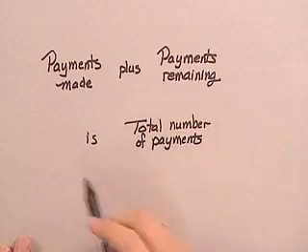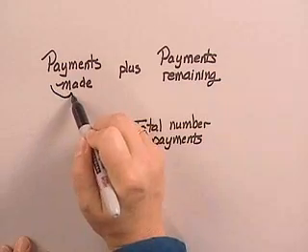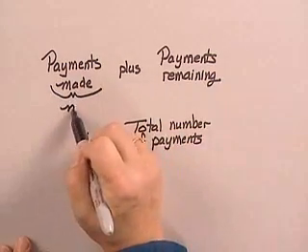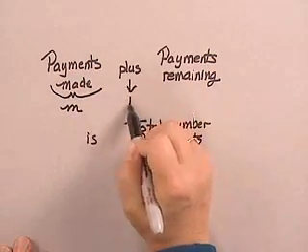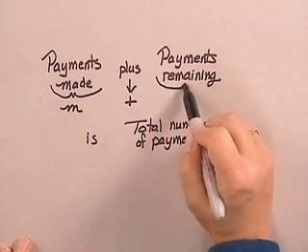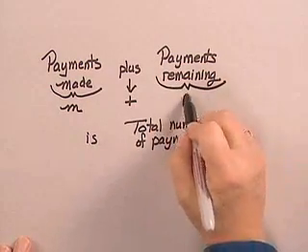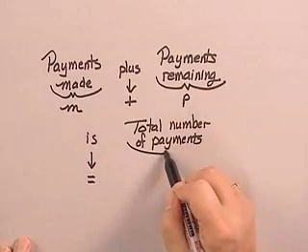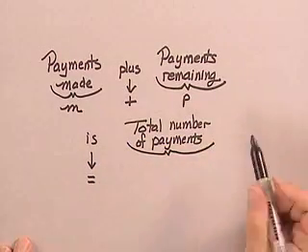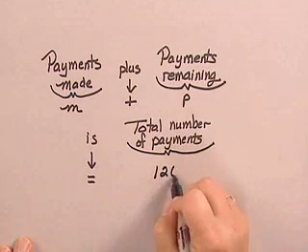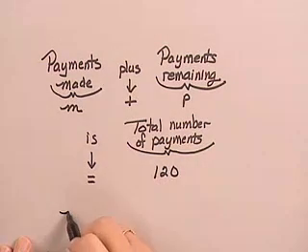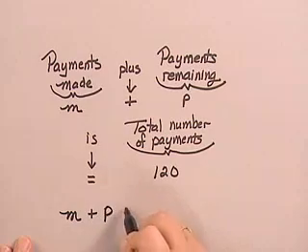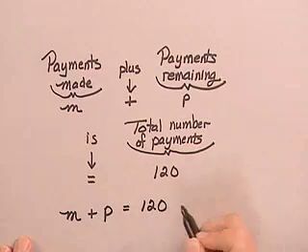And we know that the payments that were made already is the variable M that we defined, plus we defined the number of payments remaining as P, translates to equals, and we found that the total number of payments, that 10 times 12, was 120. So for a second equation, we have M plus P equals 120.